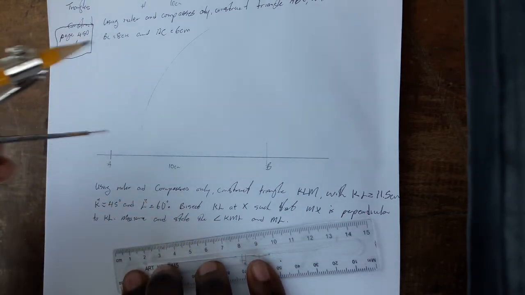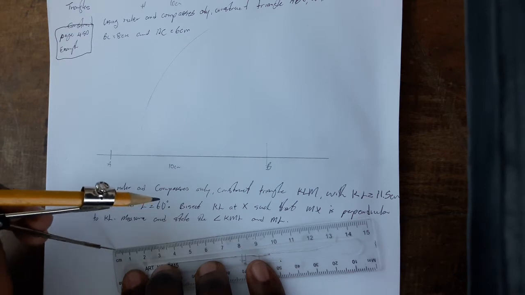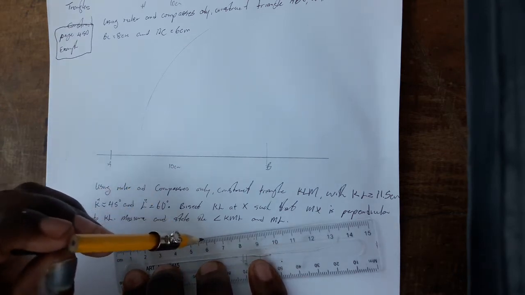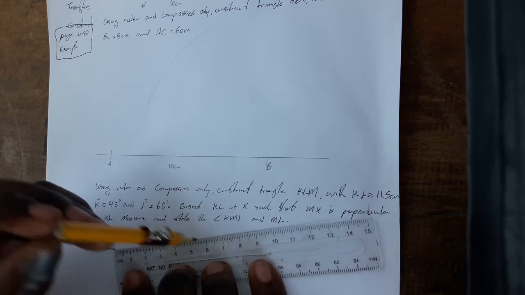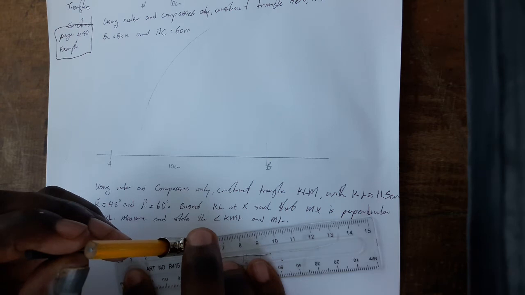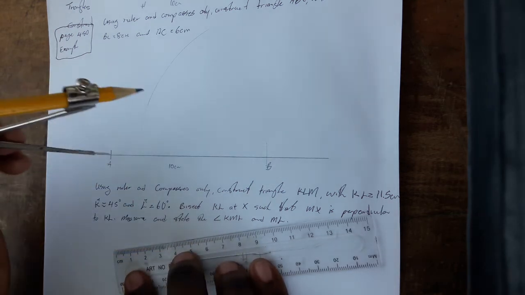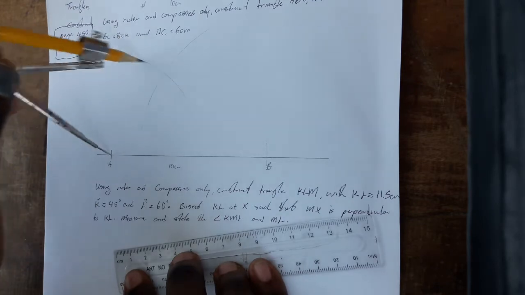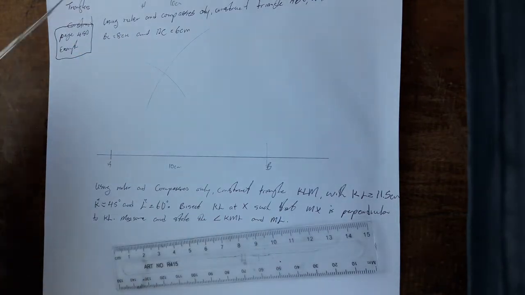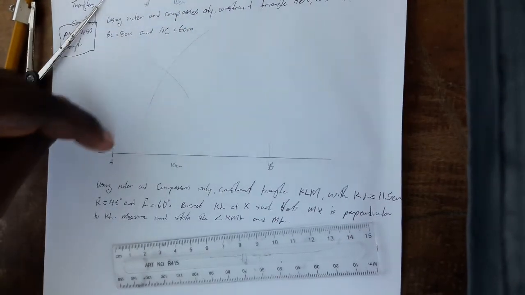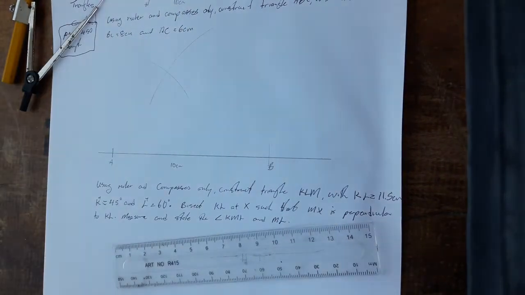Let me check again. You have to make sure it's 6 centimeters. You don't want to go over that, because if they ask us to measure an angle, it's going to be incorrect. Good. So AC is 6 centimeters. We go to A. The reason why we drew that big arc just now is that we don't know where C is. We don't want to draw an arc that stops here and then have C stop there, because we won't know exactly where it is.